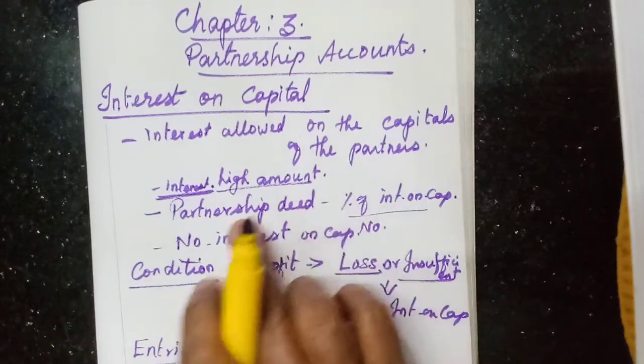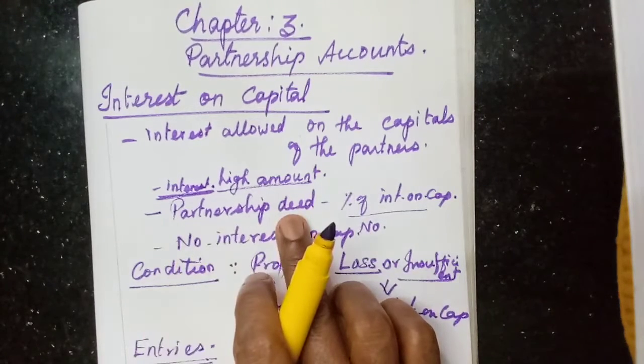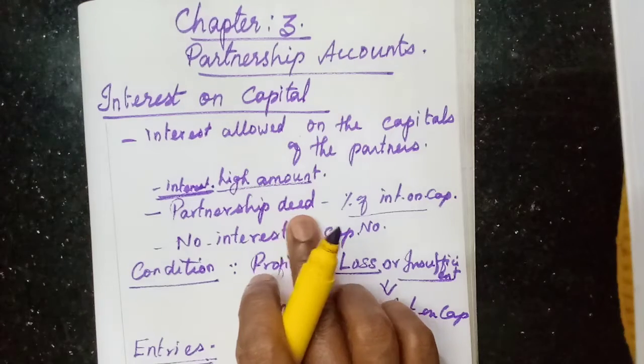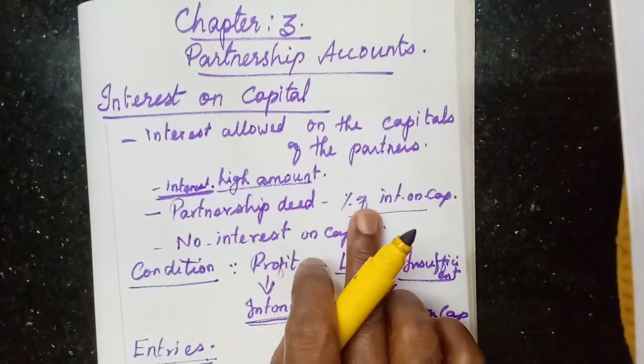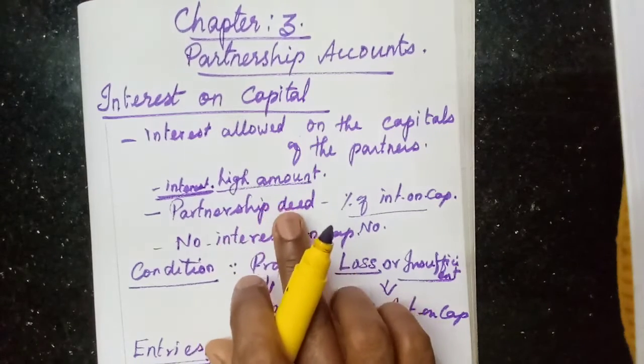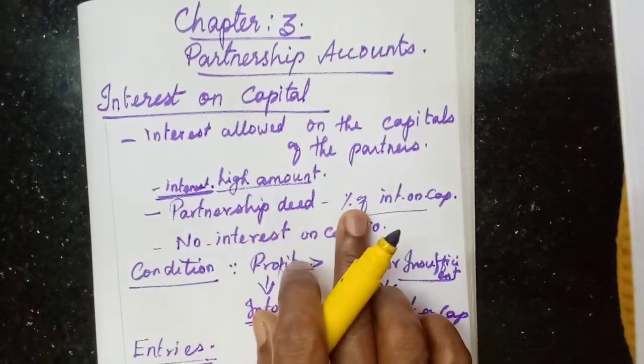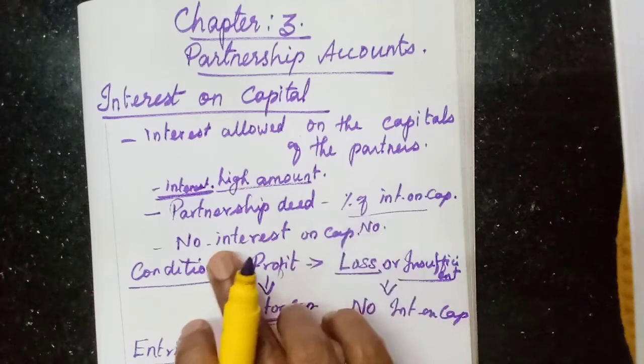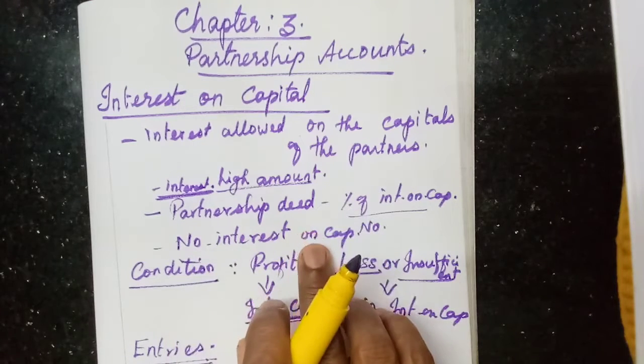If so, it should be mentioned in the partnership deed, along with the percentage of interest on capital. If the partnership deed is silent about the rate of interest on capital, then no interest on capital will be allowed to such partners.